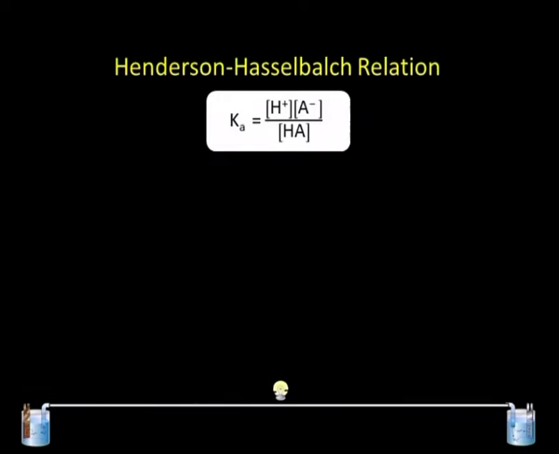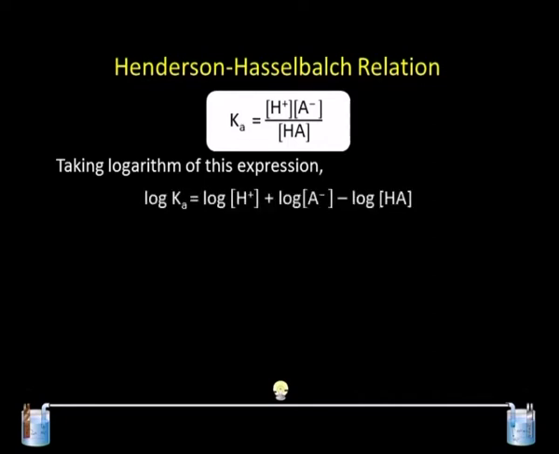Now, we can use the well-known Henderson-Hasselbalch relation, which indicates Ka is equal to H+ multiplied by A- divided by HA, and taking logarithm of this expression, we can represent it as log Ka is equal to log H+ plus log A- minus log HA, and we can write now minus pKa will be equal to minus pH plus log A- divided by HA.